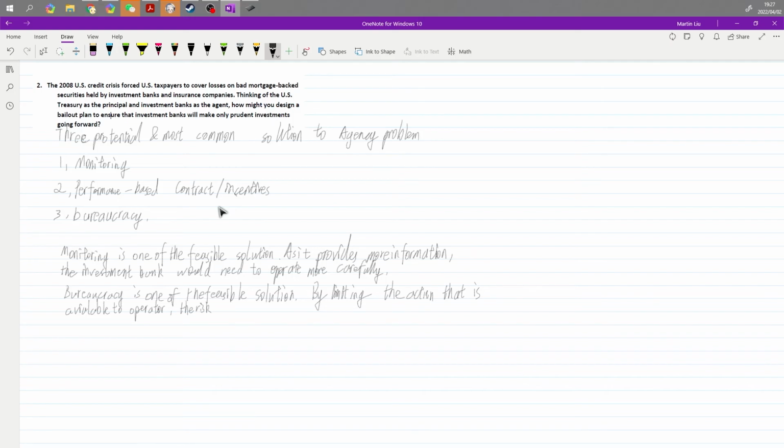The risk could be limited. Well, that is just how bureaucracy works.